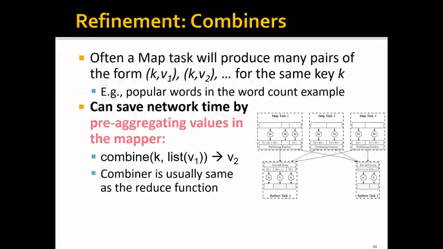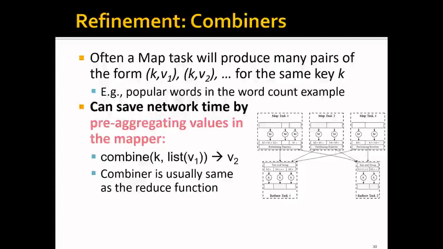As you may recall, usually a map task will produce many key value pairs, and some of them may turn out to have the same key. For example, in the word count task, we may have a lot of popular words like "the" or "and". Sometimes even in a single document, you may have 1,000 key value pairs with the same key.